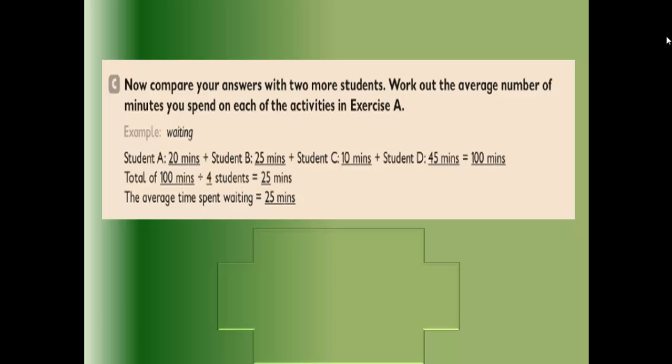And the same thing can be applied to eating, brushing teeth, and watching TV, and you can calculate the average time spent in brushing teeth, watching TV, and eating. So it's your duty to do that.